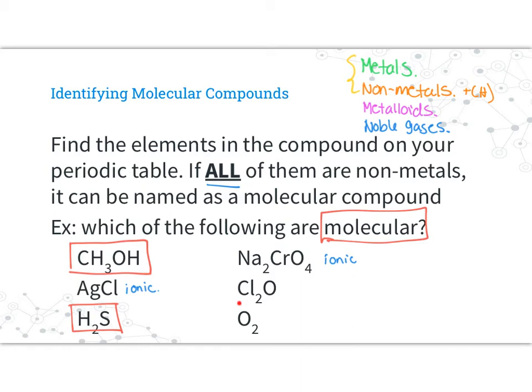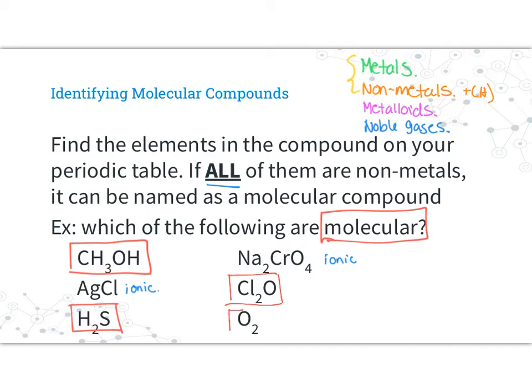So Cl and O are both found in our nonmetals. Therefore, we can consider this a molecular compound. And O technically is not a compound because there's only one element here, and it's oxygen.